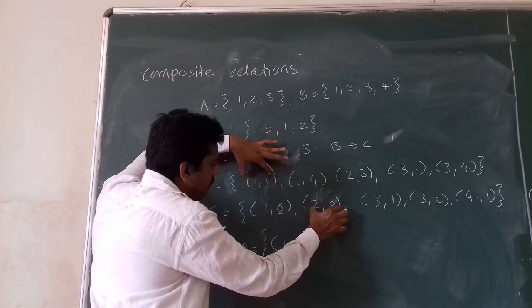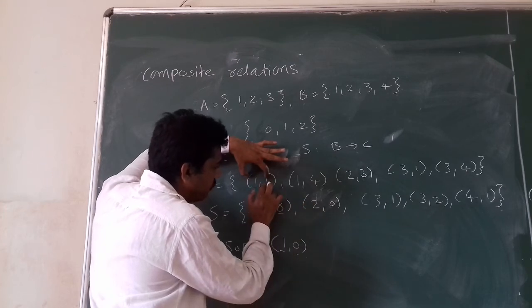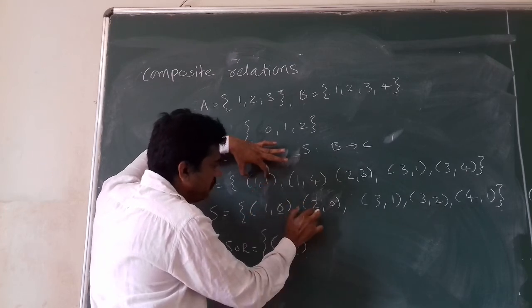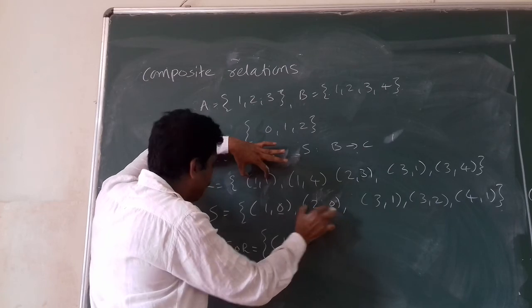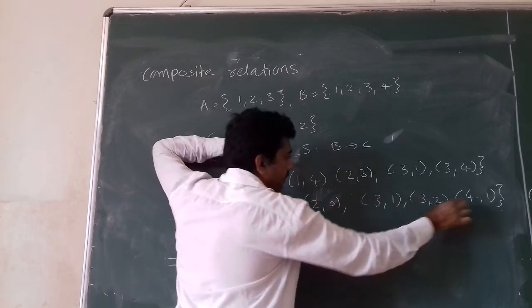With respect to the other ordered pairs, there is no common element between the second position of the ordered pair in the first set and the first position of the ordered pair in the second set S. No match.